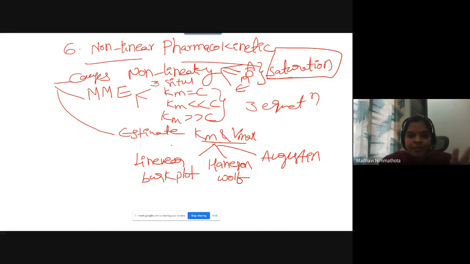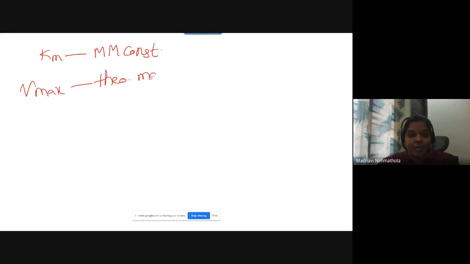So here this Michaelis-Menten equation explains to us regarding Km and Vmax only. Km is the Michaelis-Menten constant, and Vmax is the theoretical maximum of the rate process. So these two parameters are very important.